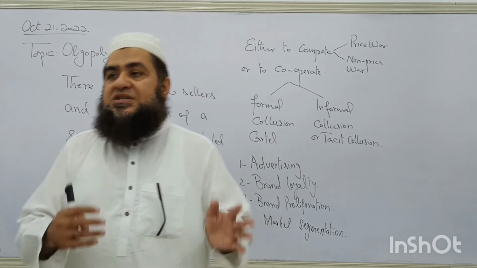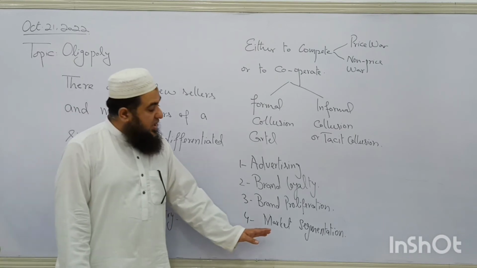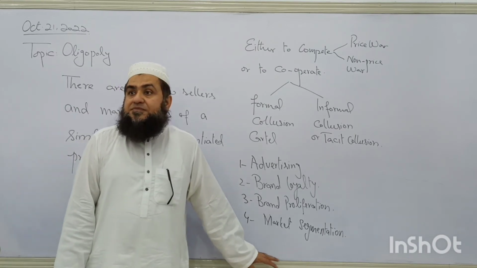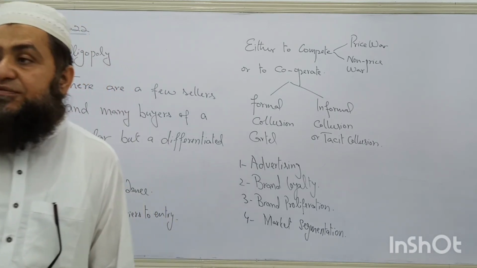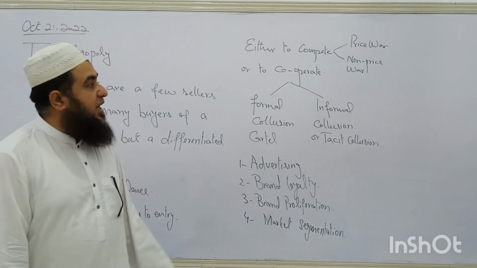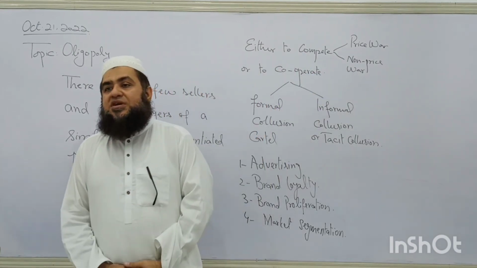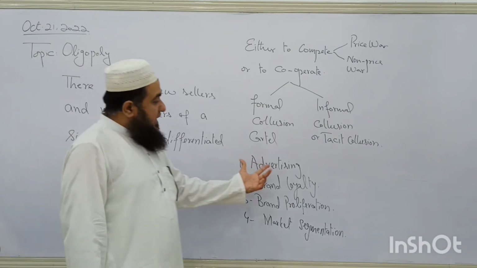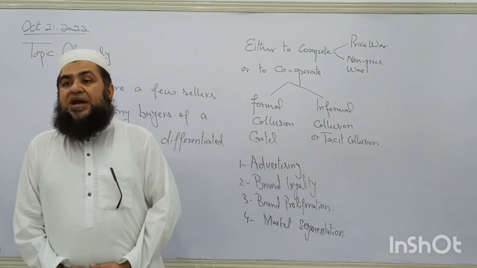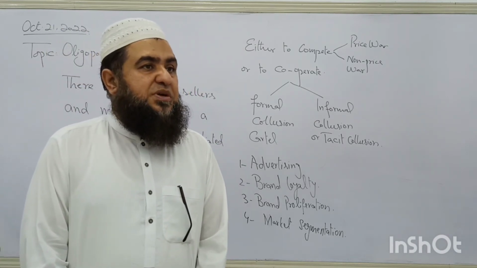So these are the market segmentations which are adopted by the firms in order to stop the entry of new firms, and at the same time they are having a non-price war with the rival firms. In case of advertisement, can you find some of the brand ambassadors of the products? Like Wasim Akram has become what?